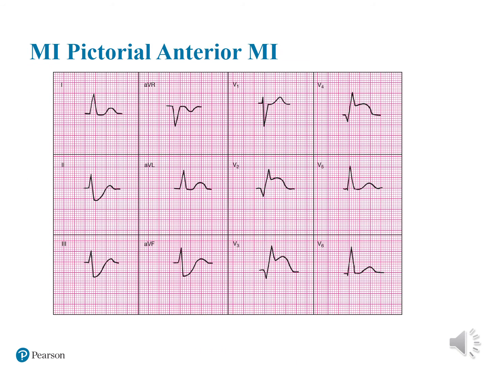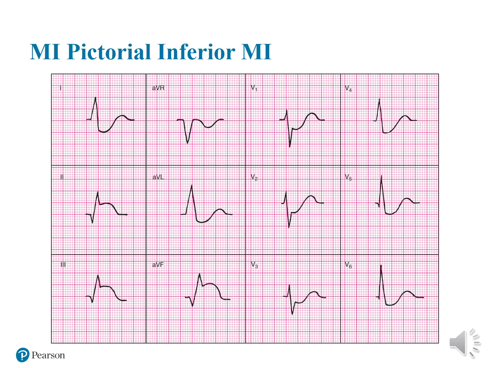An anterior MI: look at V1, V2, and V3. We see the ST elevation and the T wave. An inferior MI: we'll look at leads II, III, and aVF.